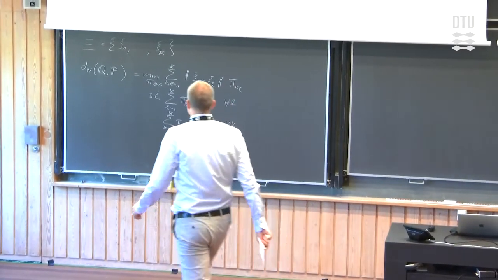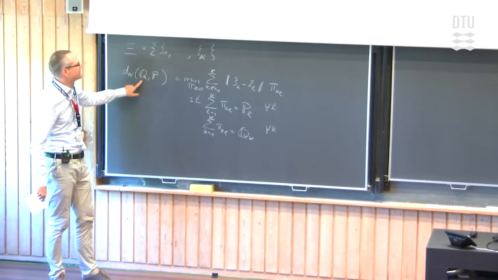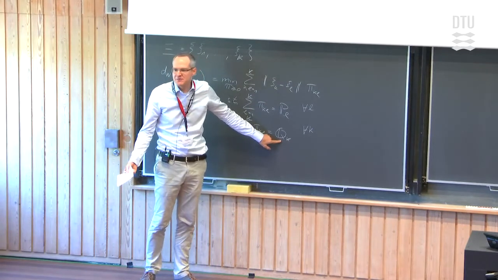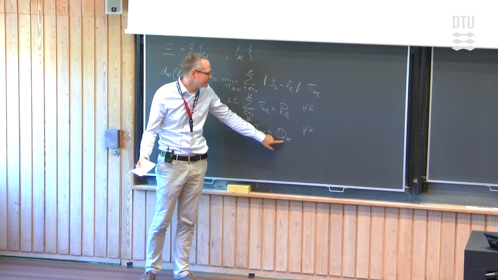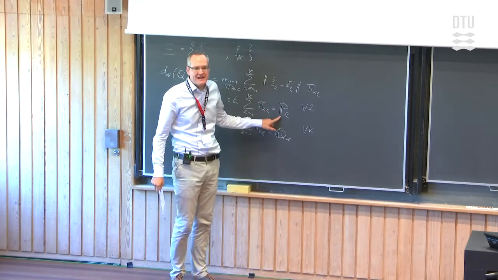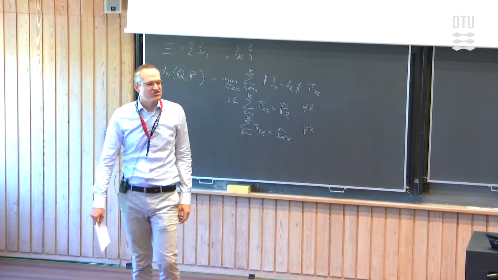So let's assume the distribution Q here is the distribution of the demand. So Qk, a non-negative number, is the demand for the product in location K. P is the distribution of the supply. So assume that PL is the supply for the good at location L.